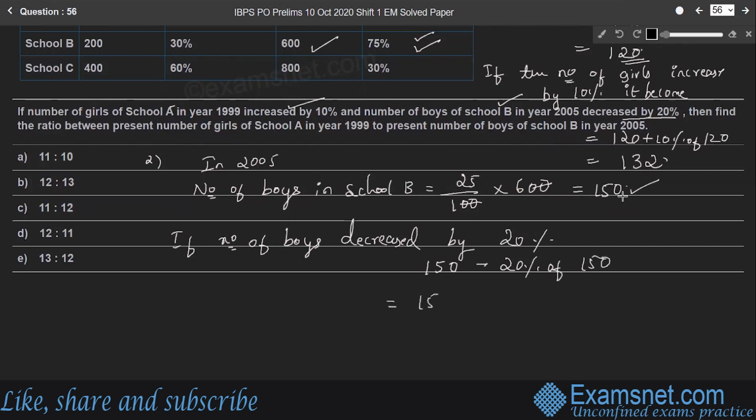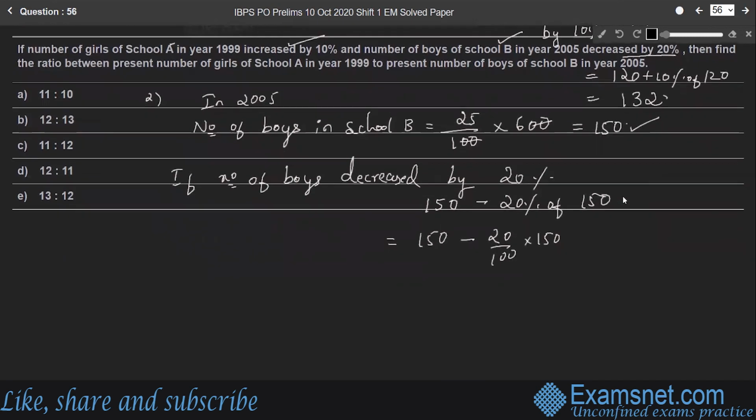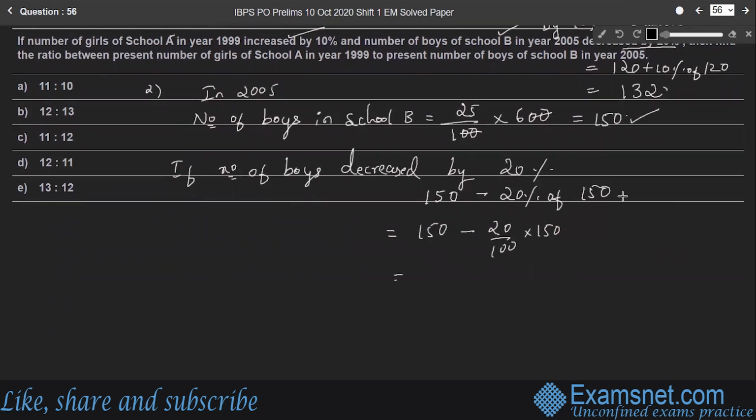It becomes 150 minus 20 by 100 into 150, right? Which is 150 minus 30, which is 120. Right?